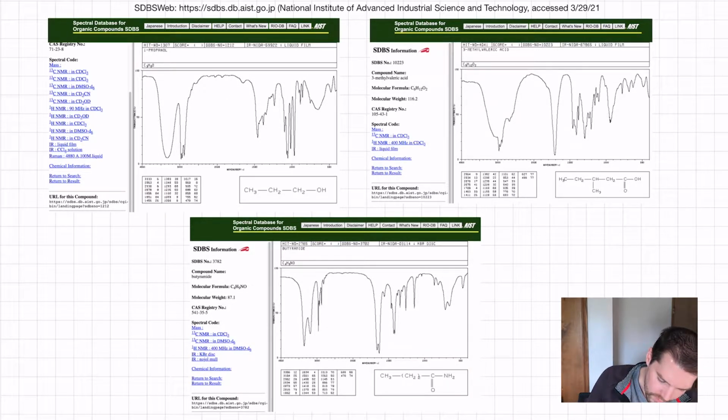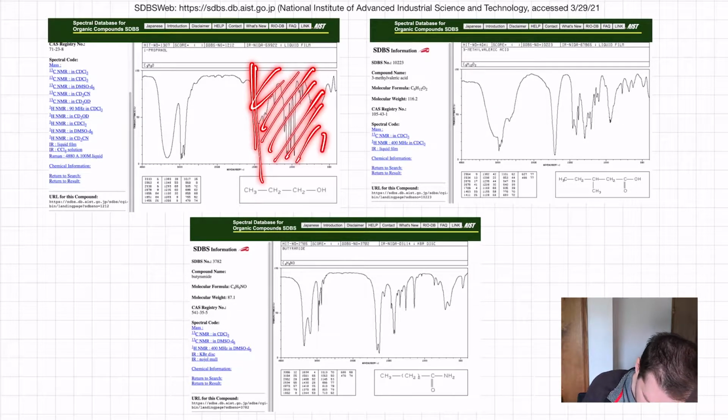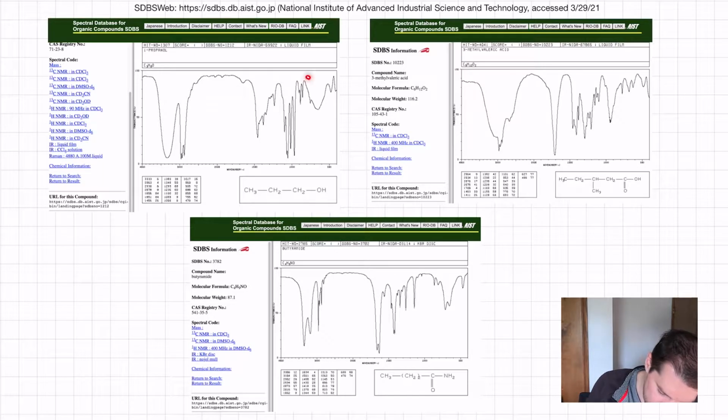All right, so first things first, we want to talk about the fingerprint region. That's right around here. You don't need to know anything on the left or the right side of this, because all that gets real jumbled up. If this is your job later in life, and you become a chemist characterizing compounds, you're probably going to have to know what that stuff looks like.